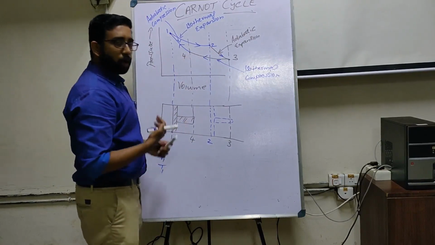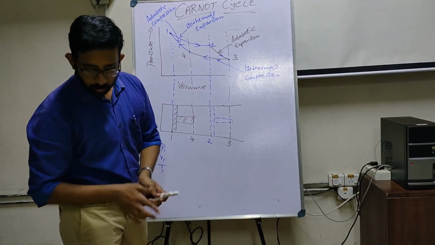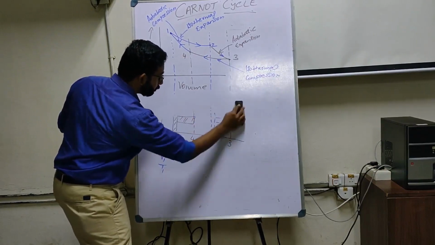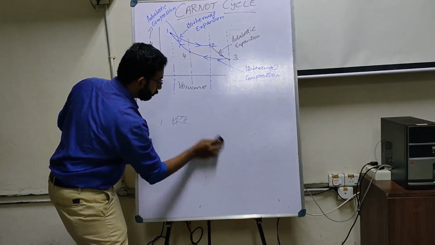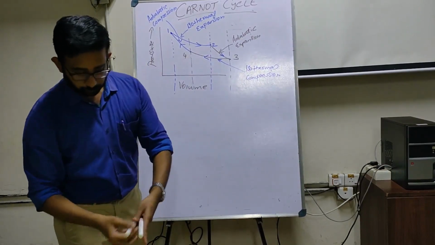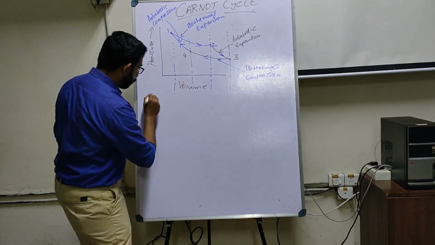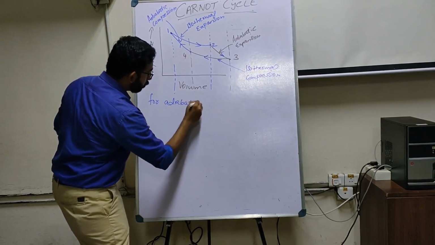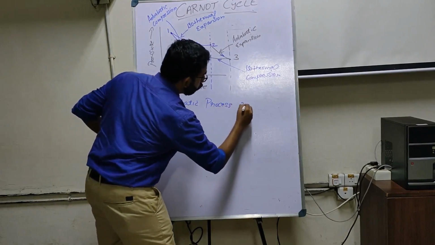Now we can see how to derive the air standard efficiency of a Carnot cycle. So for that I am erasing this diagram. First of all, we will consider the adiabatic process 2 to 3.